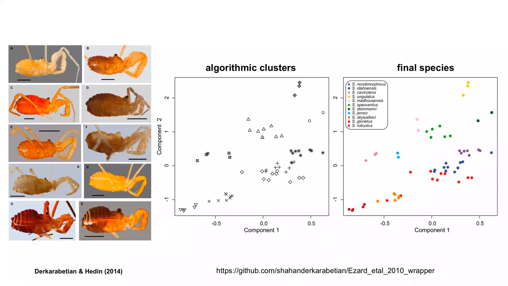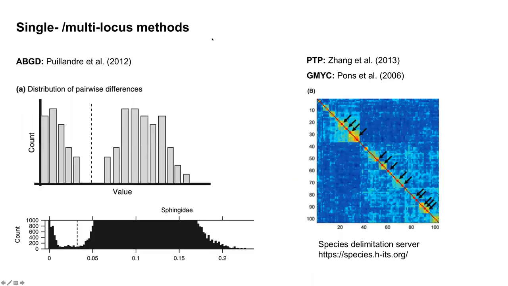I liked it so much, I ended up writing a wrapper for this. It's implemented in R, and you find nice output like this. So if you deal with morphometric data, I would urge you to use objective ways of identifying clusters and the number of principal components to retain, all of that stuff. Okay, so that's morphometrics. I'm going to transition to genetic data now.